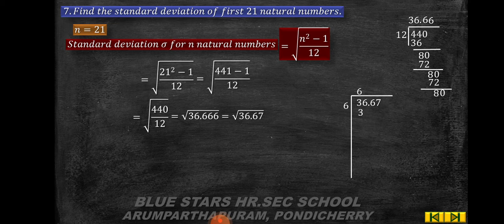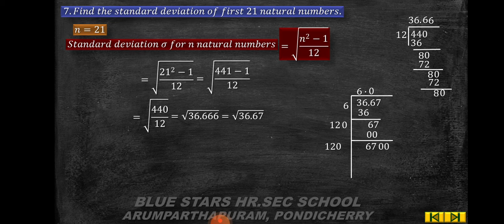Next, you have to find the square root for 36.67. So 6 6s are 36. 6 2s are 12. Put the decimal, step down the other two digits, 67. Then 120 into 0, you get 0. Again the remainder 67.